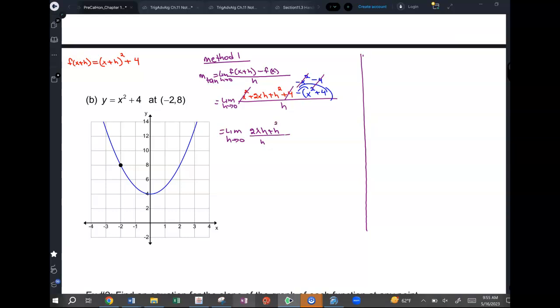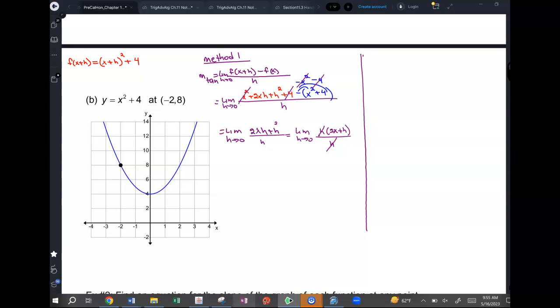Oh, h squared. So now I can factor out an h. Okay, the h's cancel. This is like black magic. This is going to happen every single time. If it doesn't happen, remember, the math is always bigger than us. All we are is mere mortals.